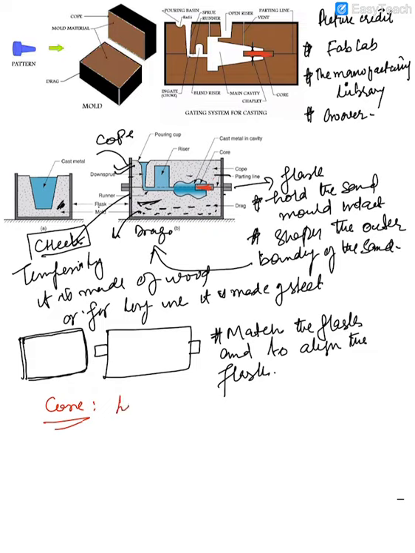When this mold is filled with molten material, the casting will take all the open spaces except the one that is held by a core.